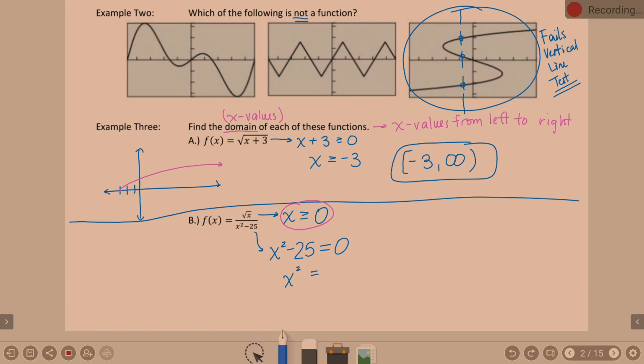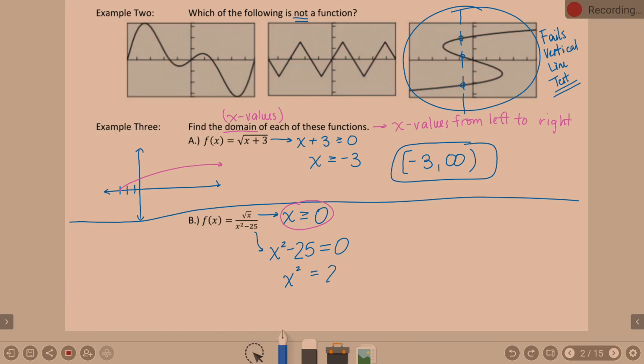Are you factoring it? You're okay. Can it factor? Yeah, it factors into x and what? 5 and 5, right? It's a difference of squares, and what are your signs? Plus and minus, right? That's great. My brain was solving this a different direction, adding the 25 to the other side.